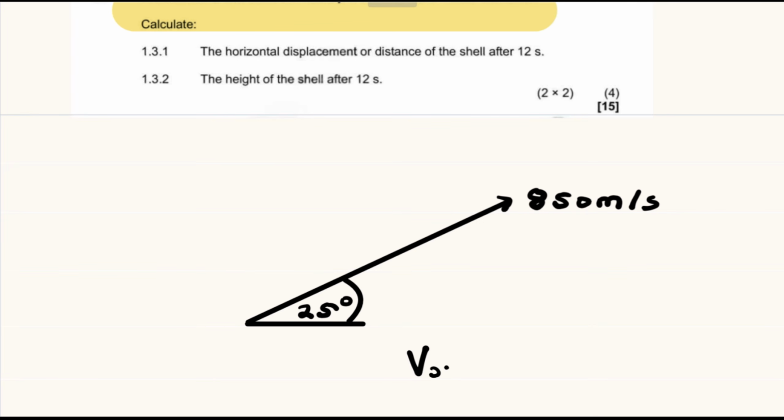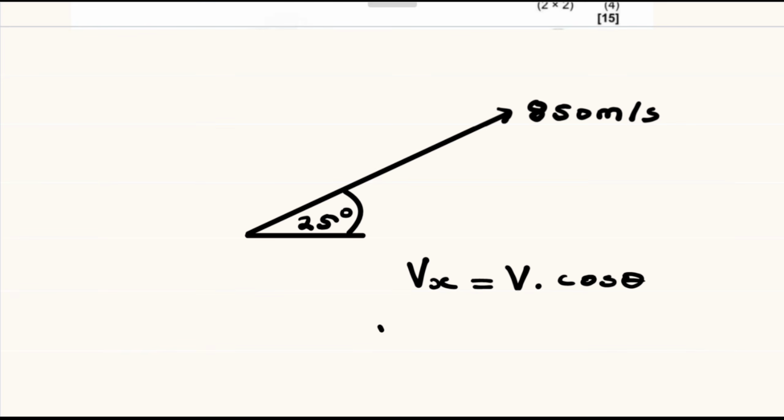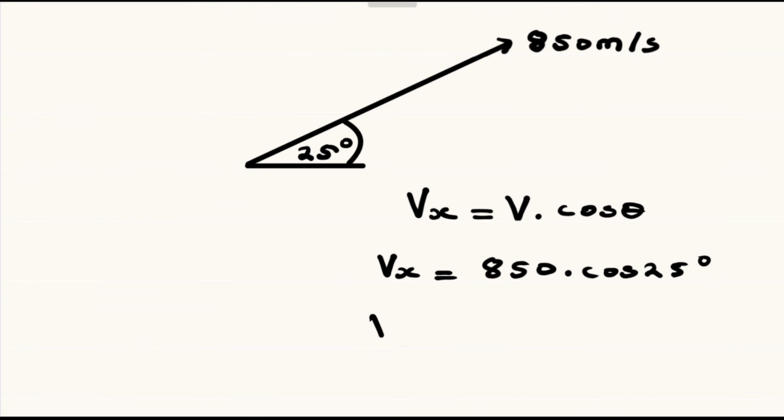So Vx, or V horizontal, will be equal to V multiplied by the cos of theta. By substituting, the horizontal velocity will be equal to 850 multiplied by the cos of 25 degrees, which is equal to 770,36 meters per second.